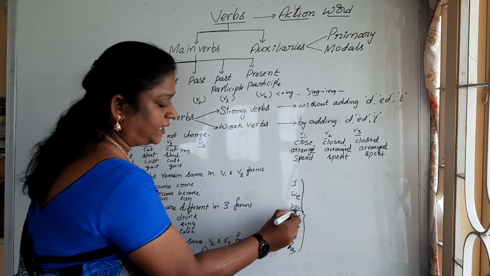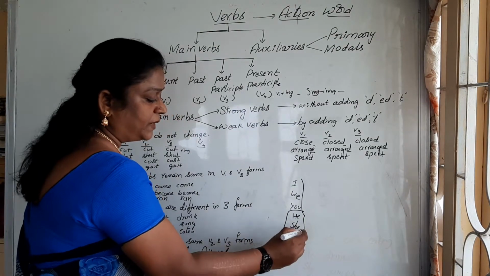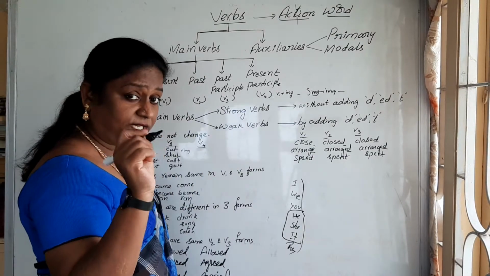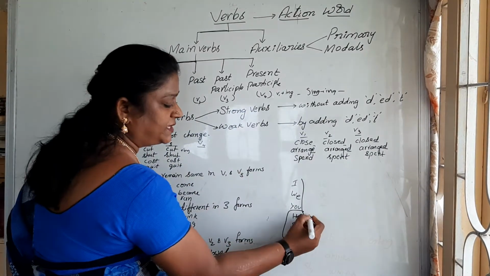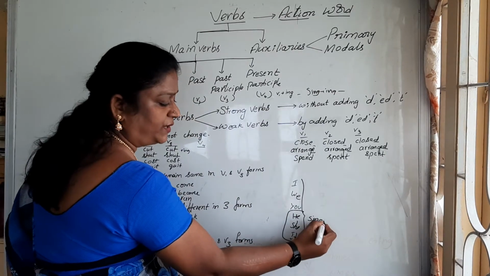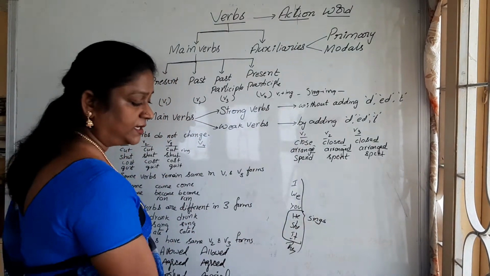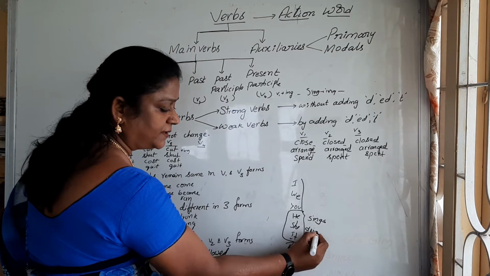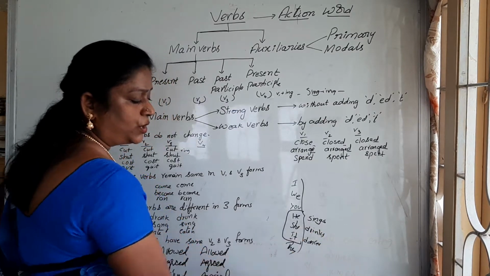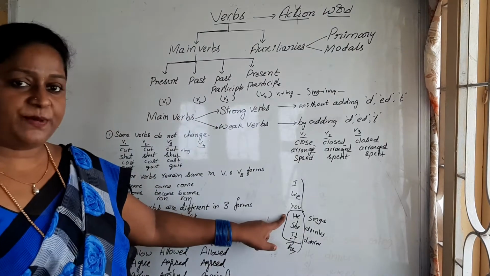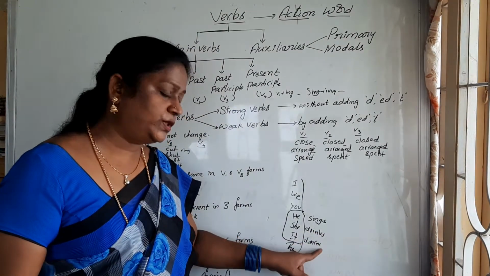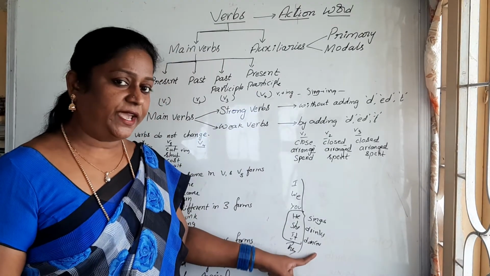Only for the third person singular, we add s to the verb, and that too in present tense only. Suppose he sing, we don't say sing, we add s to it. He sings, she drinks, it dances. So only for third person singular in present tense we add s to the verb, right?